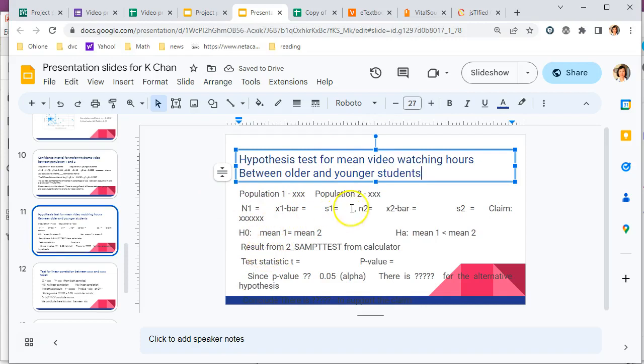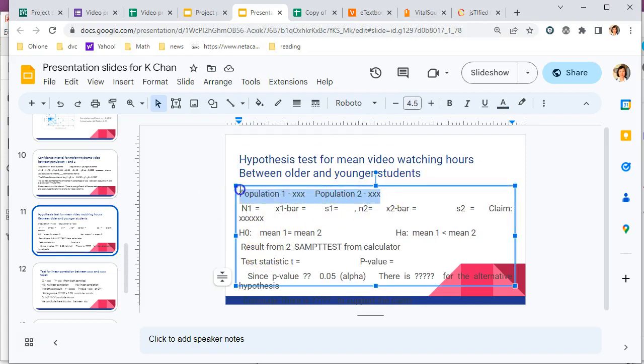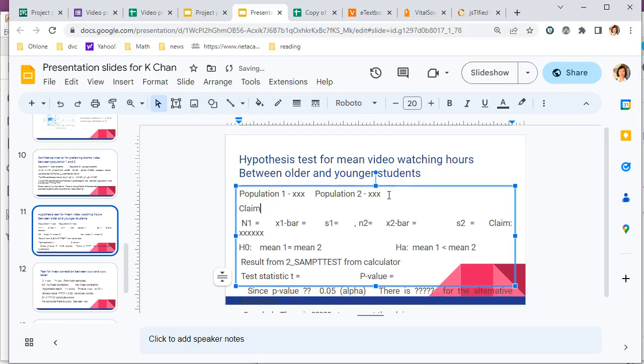So my claim was, I should talk about my claim, right? Claim: older students watch less video than younger students.